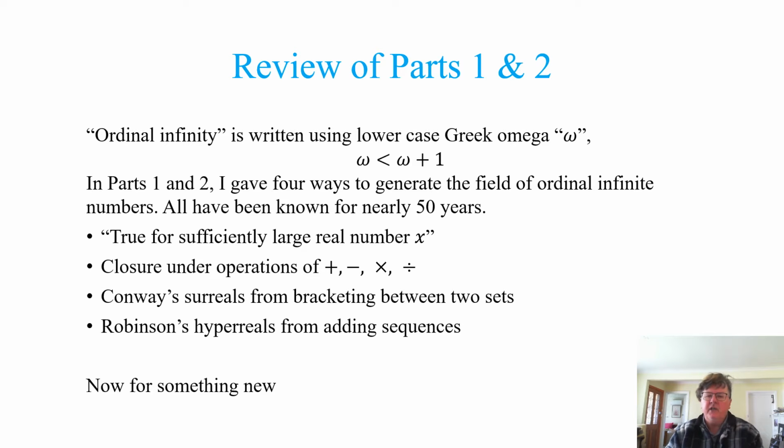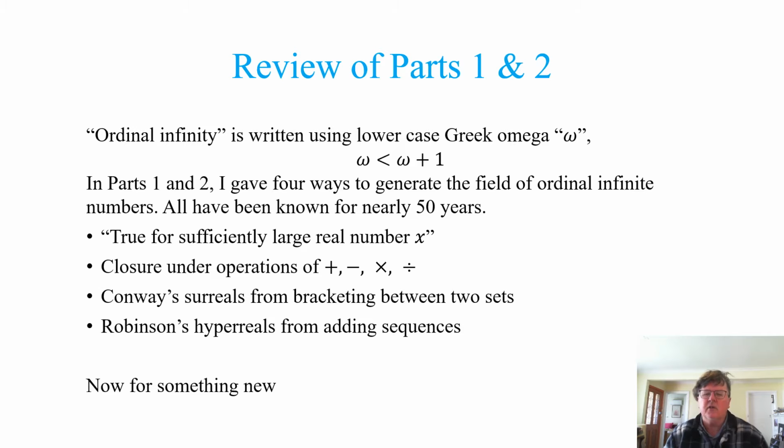The third way was developed by the mathematician John Horton Conway, and they're called surreals. You generate a number by bracketing it between two sets, a smaller set of numbers and a larger set of numbers, and the new number must lie between the two.